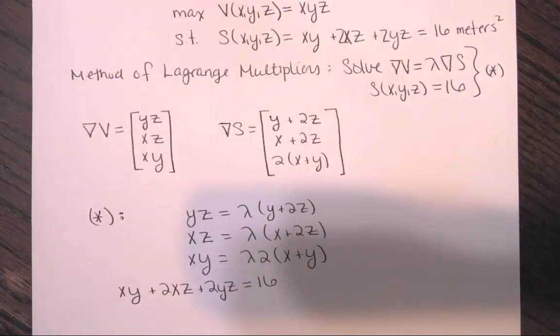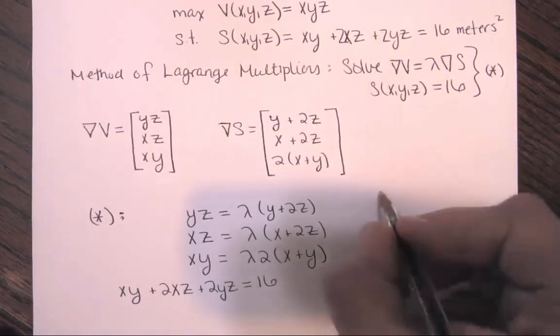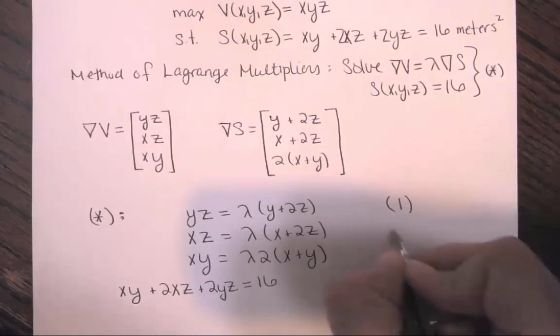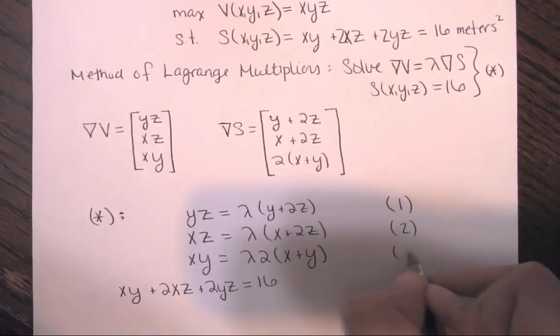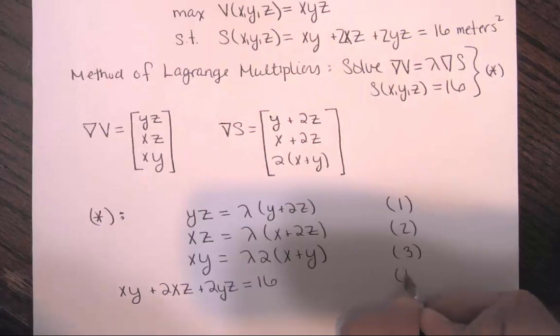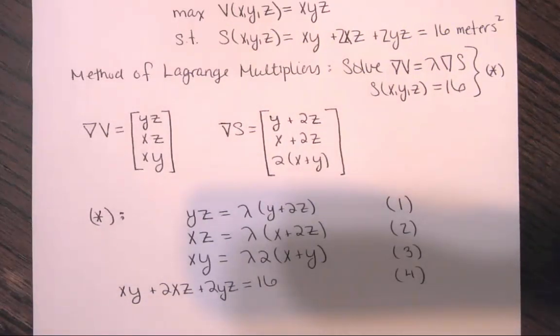Now, suppose we did want to solve this by hand. Well, let's number our equations so we can keep track of what's going on. So this would be equation 1, 2, 3, and 4.